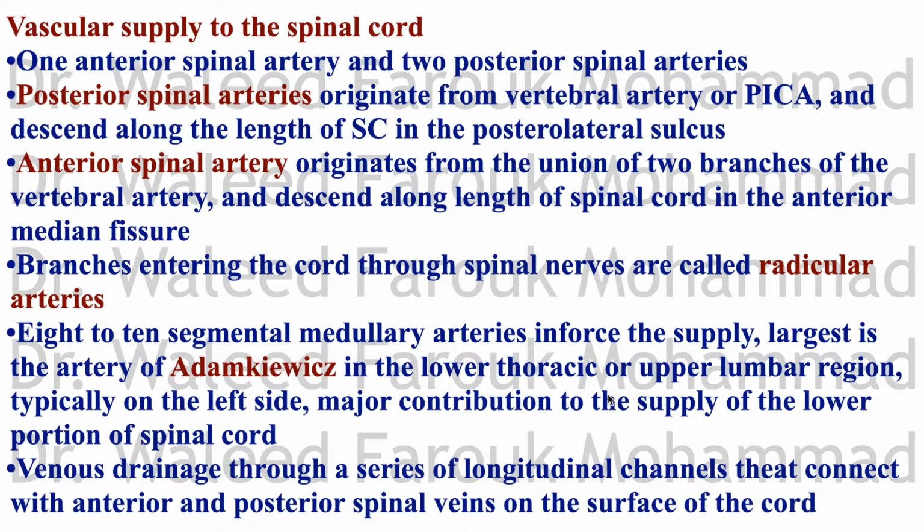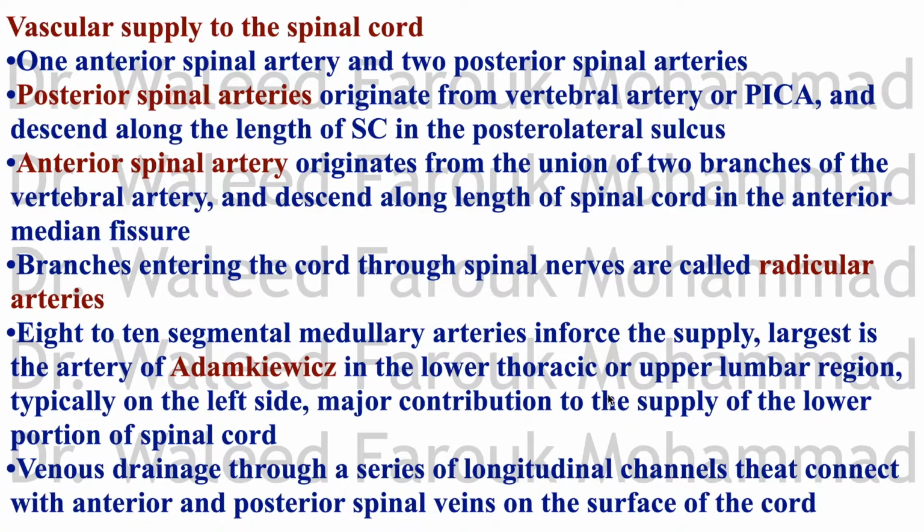The posterior spinal arteries originate from the vertebral artery or the posterior inferior cerebellar artery. Remember, that was a branch from the basilar or the vertebral, and descend along the length of the spinal cord in the posterolateral sulcus.